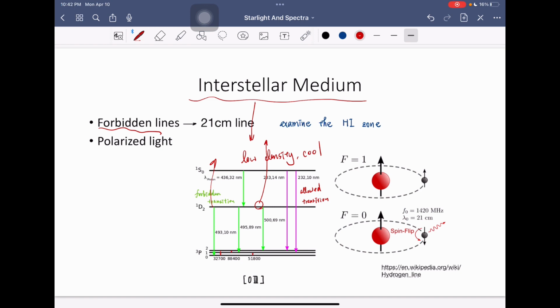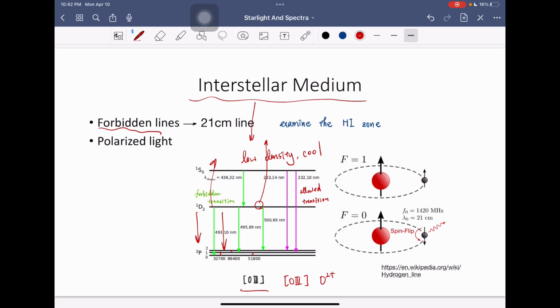So they can only radiate light away and go back to relatively stable levels. For the notation, we add brackets on the atoms. For example, we add brackets on O3, which means it is the forbidden line of doubly ionized oxygen.